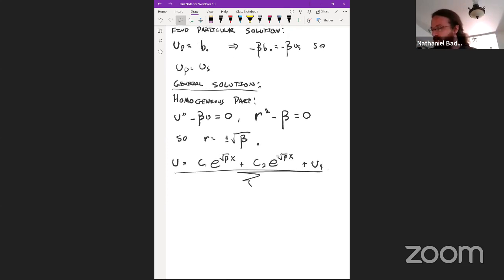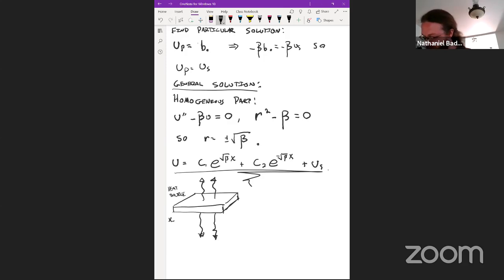And this last thing, let's just include what is x. If you remember, the picture here, probably should have drawn the picture up there, is we were looking at this heat fin, right? Where we have heat dispersing off the surface, and we have a heat source, and x is parameterizing the length.